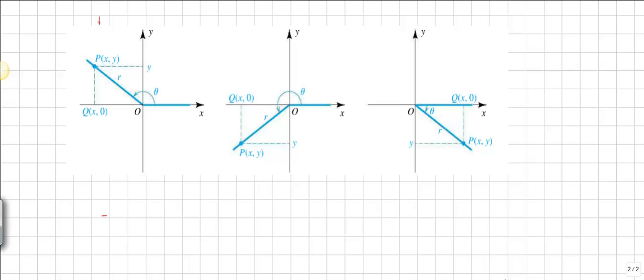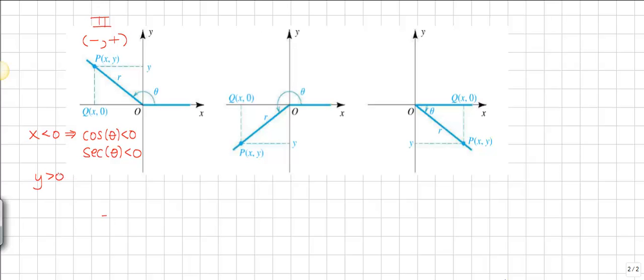Okay, here's quadrant 2. In quadrant 2, the x coordinate would be negative and the y coordinate would be positive. X being negative would mean that your cosine function is negative. It would also mean that cosine's reciprocal, which is secant, is negative.